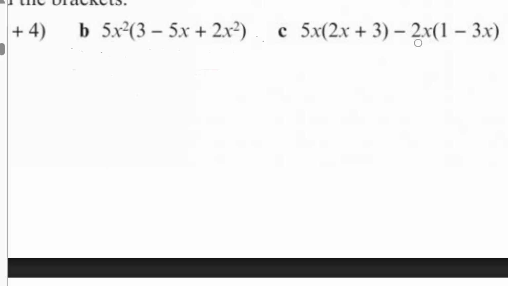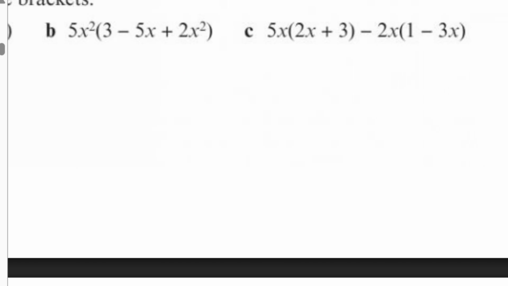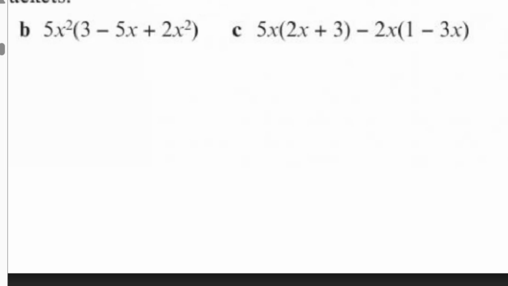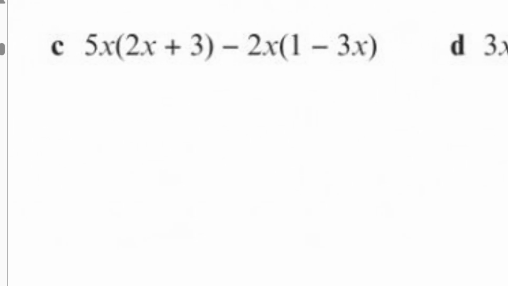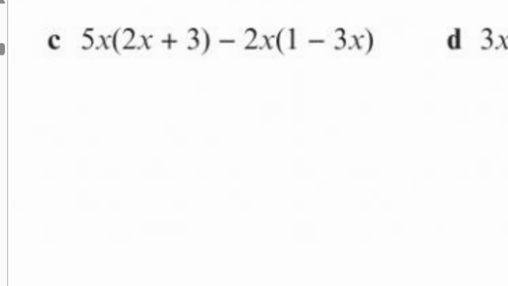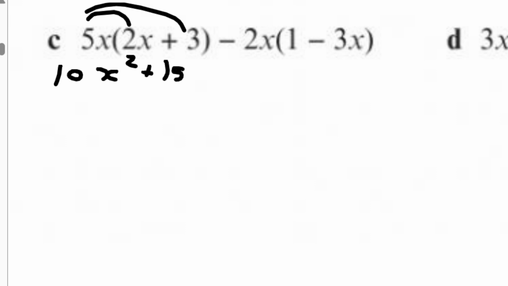Now, question C. Oh, it's doable. Alright, I'll do question C. What I will do here, I'll multiply this times this, so it's 10x squared. This times this is 15x. Now, this is the tricky part here.